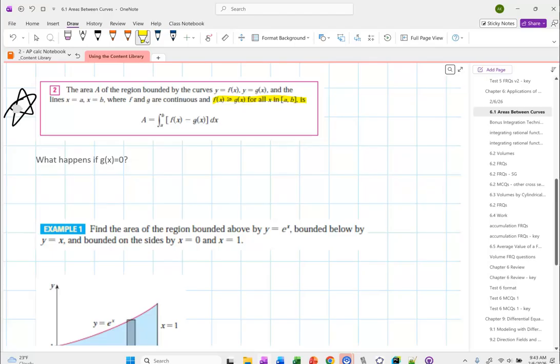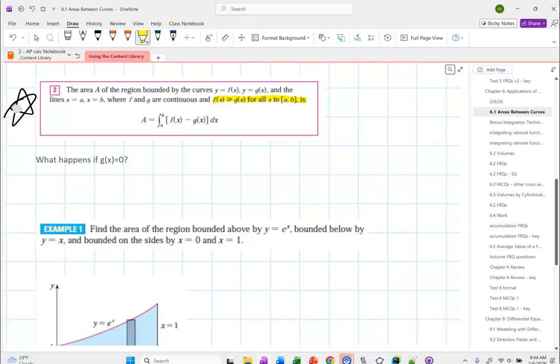We're going to have to find the x coordinate where they switch and break our integral into the integral of f of x minus g of x plus the integral of g of x minus f of x. That's typically the trickiest part, is recognizing that, ooh, no, they switch.